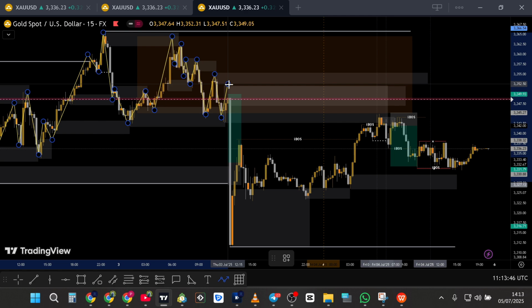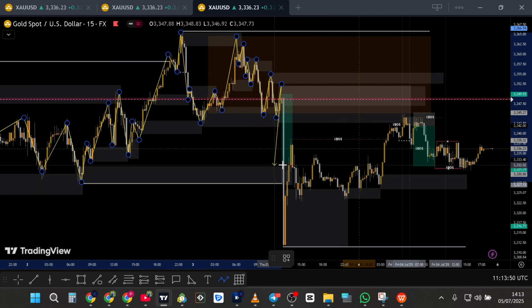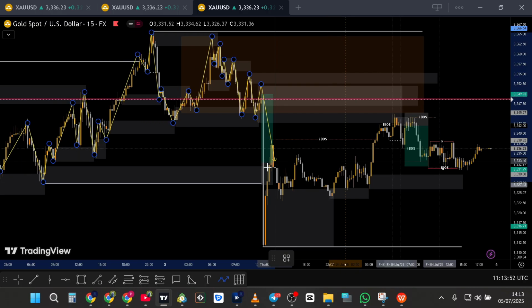So when it was now flowing down, I expected it to react from here. As much as I told my guys to watch out for this demand, that it could be the one to push price to the upside, it dawned on me that maybe we should wait for more confluences like the way we normally wait: change of character, return, then continue to the downside.